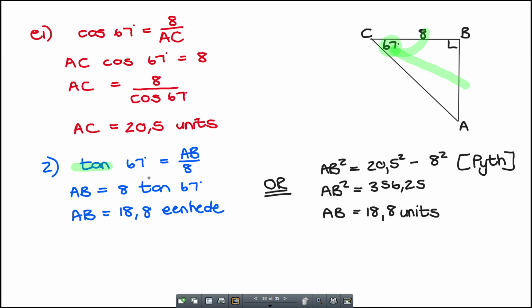Now, tan of 67 will be AB, because that was the opposite, over adjacent of 8. Now, from there, I want to get rid of the 8. We said we work from the bottom of the fraction. So if I take it over, then it becomes 8 times tan 67. And that whole thing you can just type into your calculator. Okay, so that's one option.